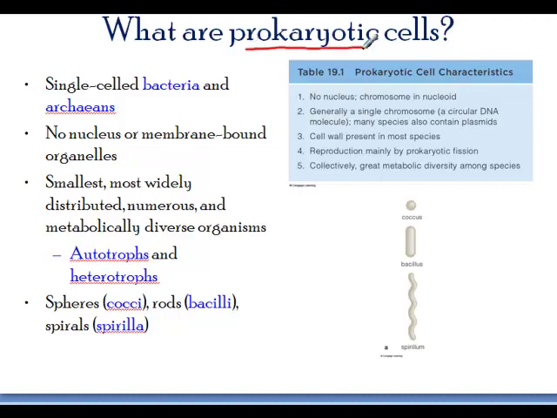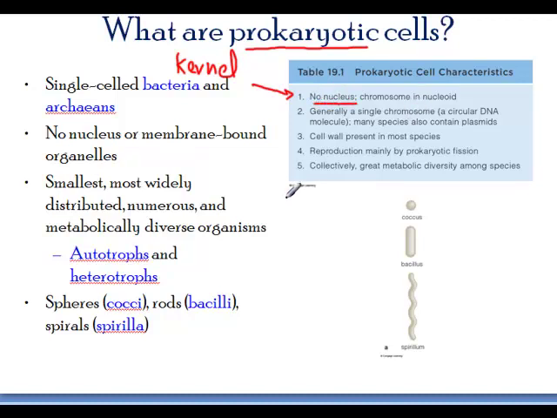The word prokaryotic literally means a cell that has no kernel. Just like on a corn, you have something that is hard inside, and that is signified to a nucleus. Prokaryotic cells have no nucleus.